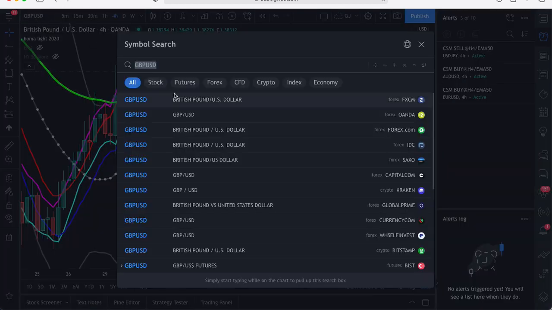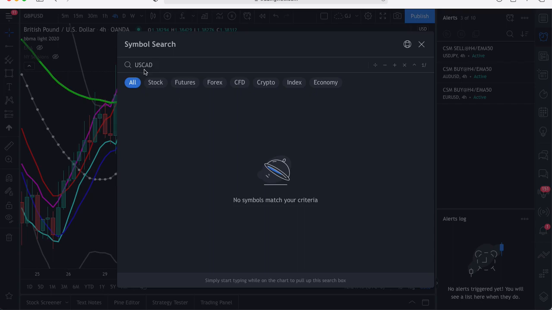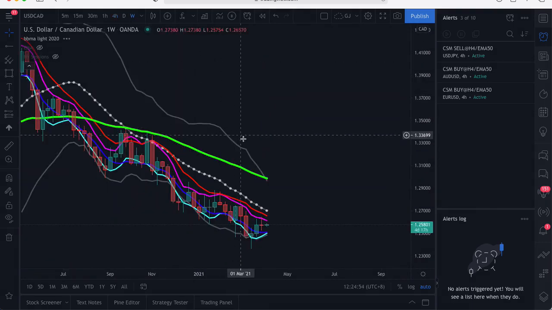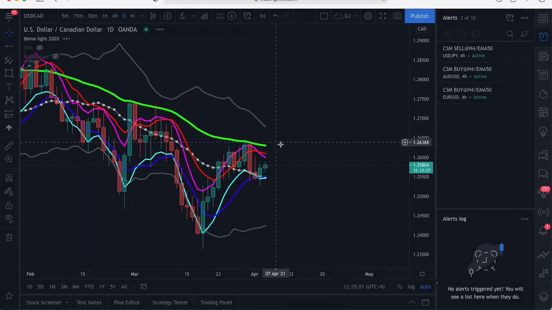So next pair will be USDCAD. Okay, I'm missing a D, I guess. Yeah. Okay, starting at weekly time frame, USDCAD is obviously a re-entry sell setup for us. On daily time frame, we can see that price making a CSM sell, re-entry sell, still a very good sell setup.